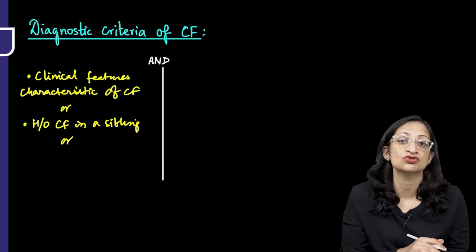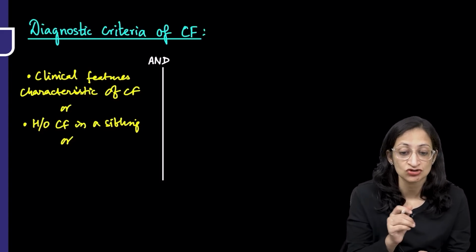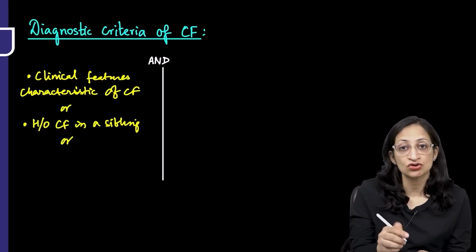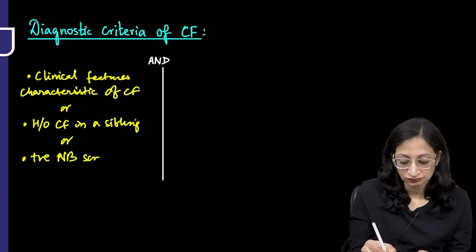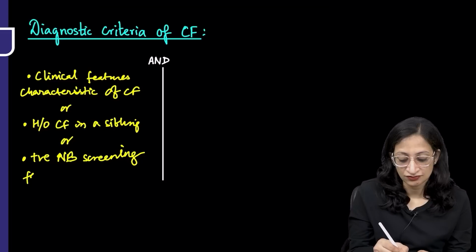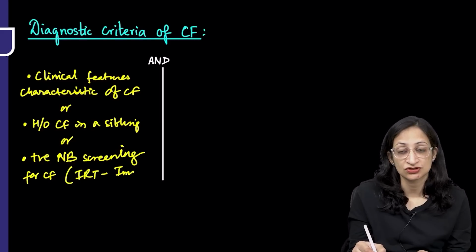Many countries do newborn screening for cystic fibrosis, and that is done using IRT, or immunoreactive trypsinogen, and that is also often asked. So a positive newborn screening test, done using immunoreactive trypsinogen.